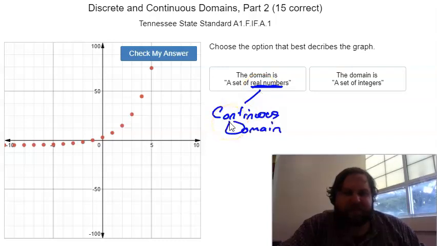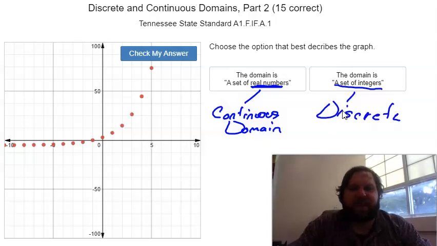And then if it's a discrete domain, notice this says a set of integers, so that would be like 0, 1, 2, 3, and not including all those points in between them. That's what creates this graph like this. So if you see a set of integers, that means that this is going to be discrete.